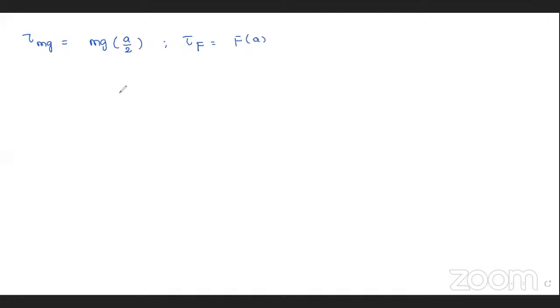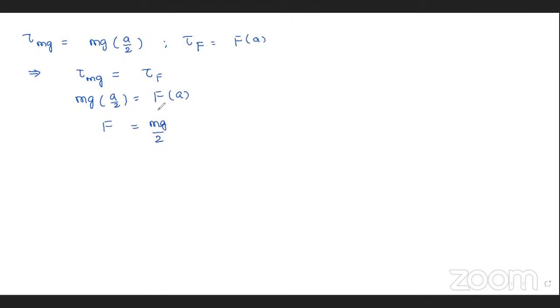Right. Then here, in rotational equilibrium, we write torque due to weight is equals to torque due to force. Okay. That is mg into A by 2 is equals to F into A. So F is equals to, you are getting mg by 2.